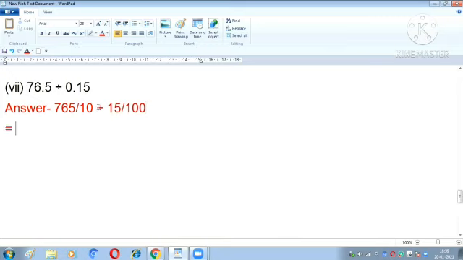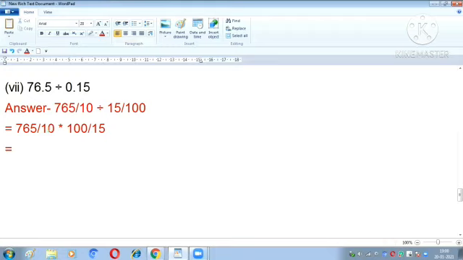Now we will change the division sign to a multiplication sign. So 765 upon 10 multiplied by the reciprocal of 15 upon 100, which is 100 upon 15.